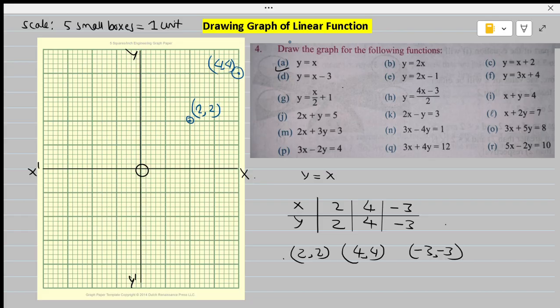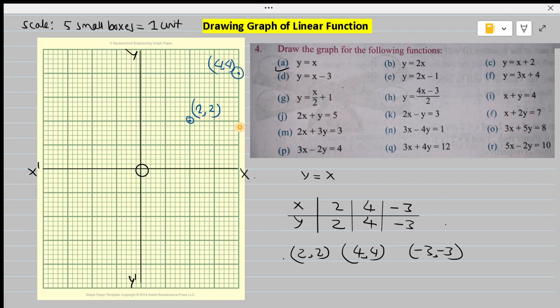When you count minus 3, we have to count on the left side of the origin, and then to count minus 3 on y, we have to count downward. So let's count this: minus 1, minus 2, minus 3. After counting minus 3 on x, now let's count down for y negative 3.